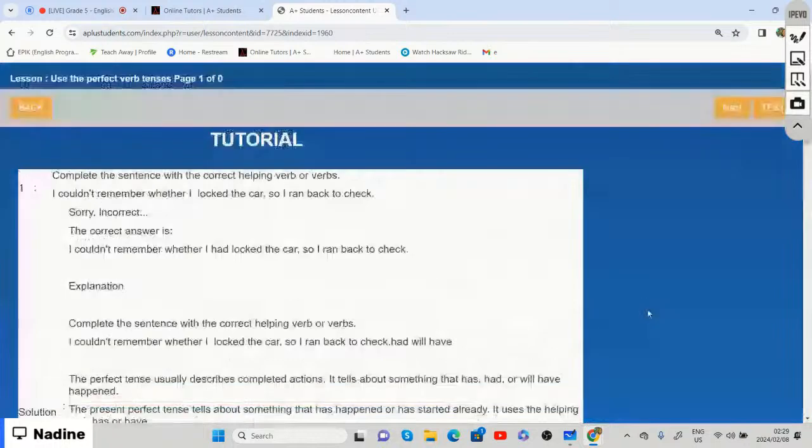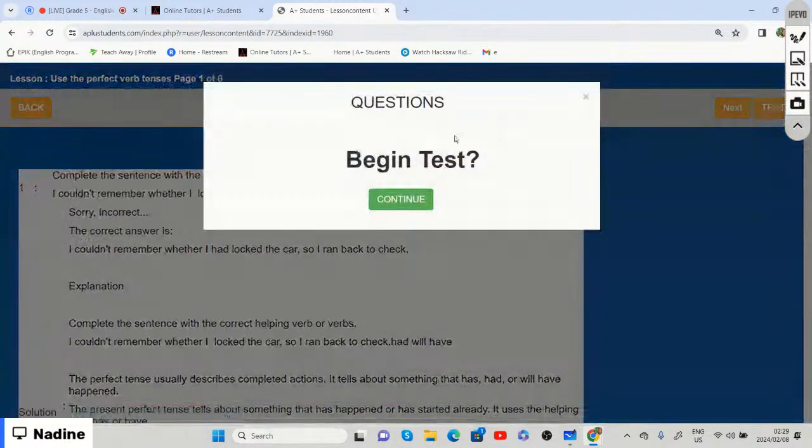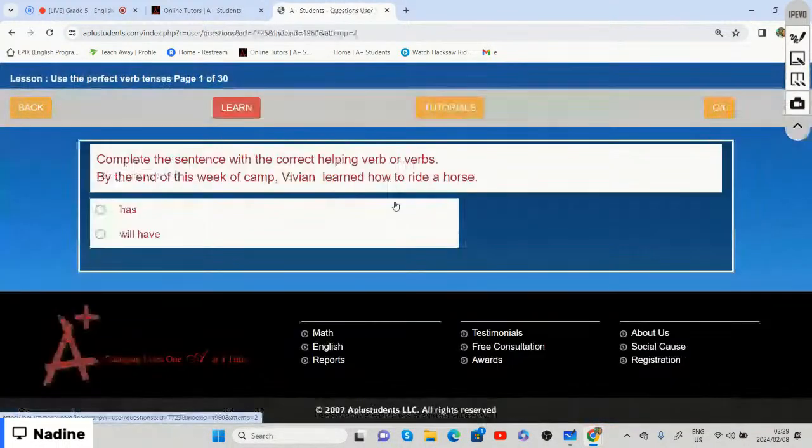So let's go to our test. By the end of this week of camp, Vivian, do we say, has learned to ride a horse? Or Vivian had learned how to ride a horse?